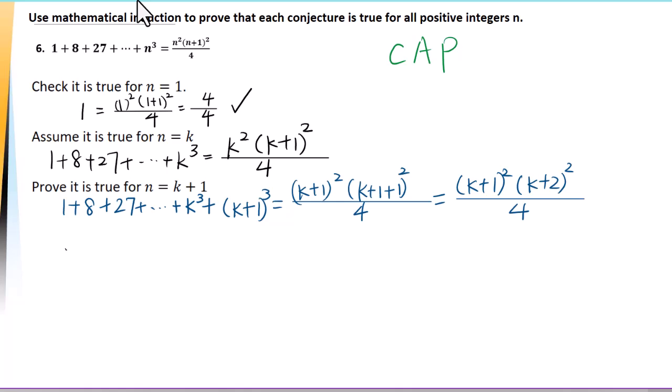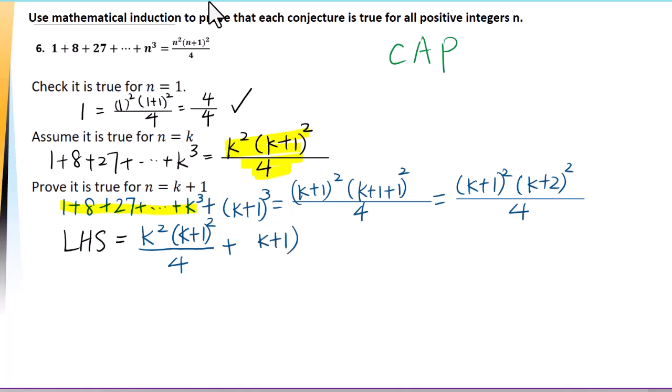Let's start with the left-hand side. Use this assumption: the first k terms equal this. So we do the substitution: k squared times (k plus 1) squared over 4 plus (k plus 1) to the third power. Since we have a fraction, we get the same denominator.